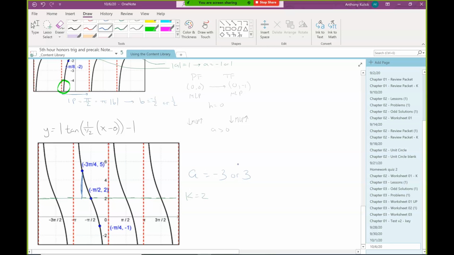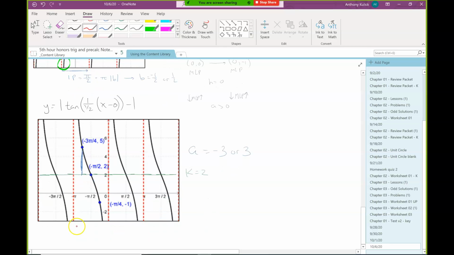Try again, dummy. Right? If I'm going from 2 to 5. Is that okay? All right. And then if I want my period, so that's going from -pi to 0. So that's just pi. Everybody's okay there?